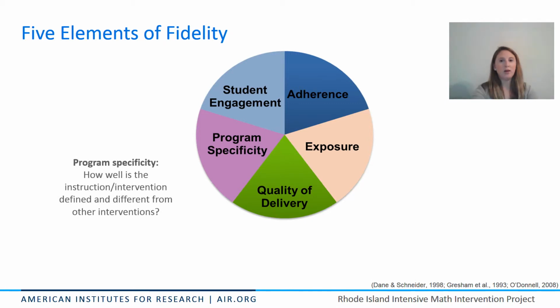Another component is program specificity, or how well the instruction or intervention is defined, and how different it is from other instruction and interventions. Having clearly defined instruction, interventions, and assessments allows teachers to more easily adhere to the program or practice as defined. Is the instruction or intervention a good match for the student's needs?